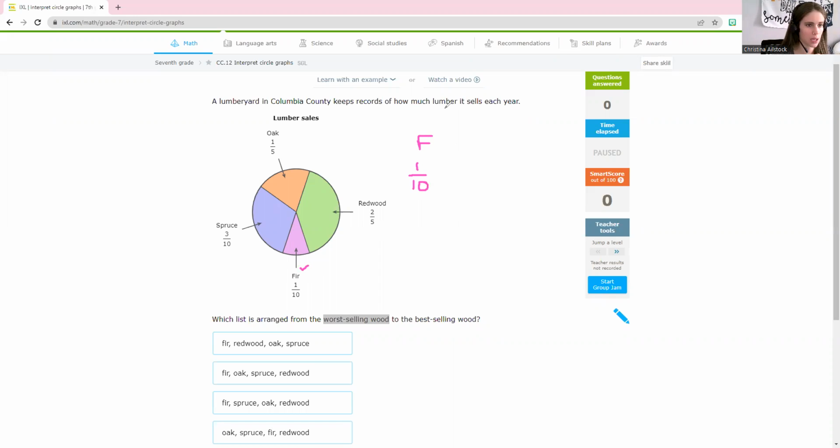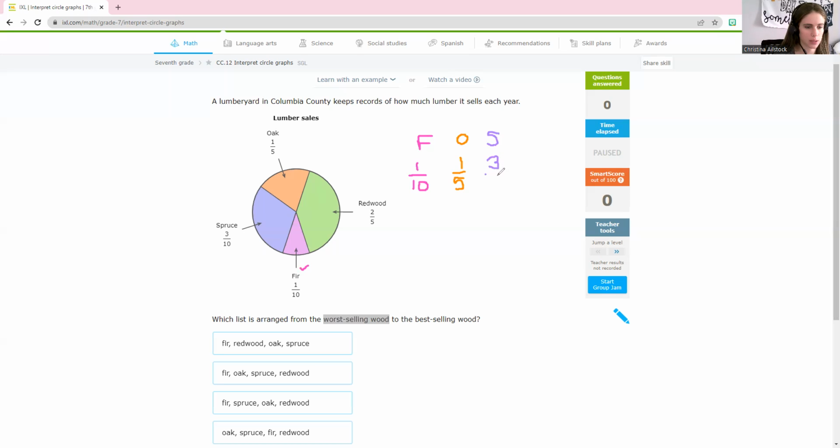So that one's done. And then I have to decide between the purple and the orange, because those are relatively close in size. I'm thinking the orange is a little bit smaller, so I think oak would come next at 1/5. And then let's do purple, which is the spruce, at 3/10.